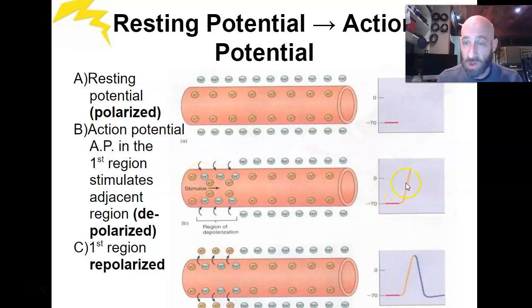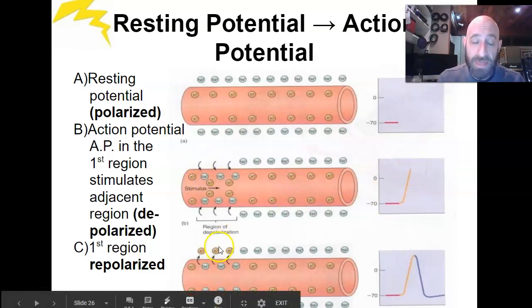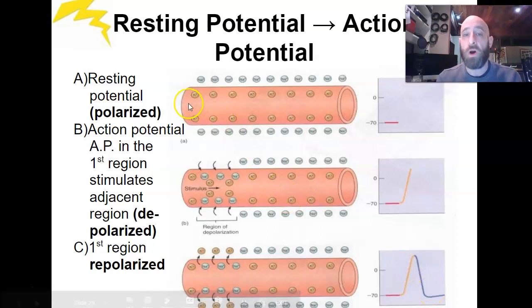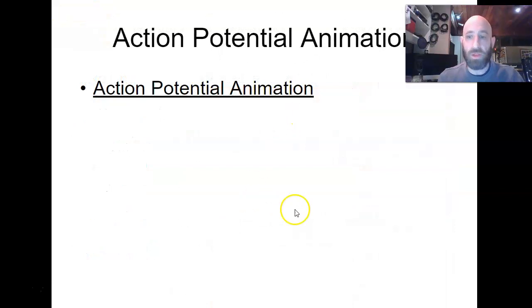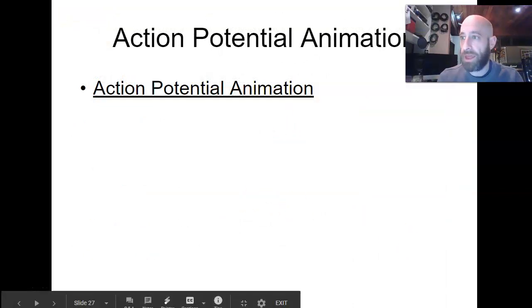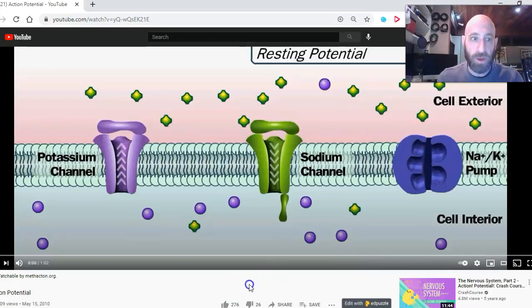So you can see that value goes way up to positive 30. And then the potassium channels open, potassium leaves, bringing it back down to negative 70, and we call that repolarization. So this moves all the way down the axon to the end, and that's how it's able to maintain that high level of charge. So I'm going to finish up here with a little animation of this process that I think will hopefully bring this home for you.